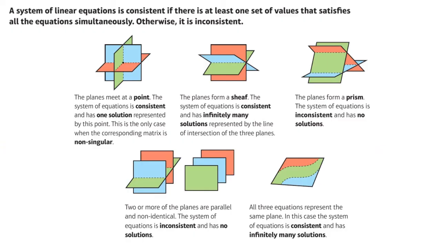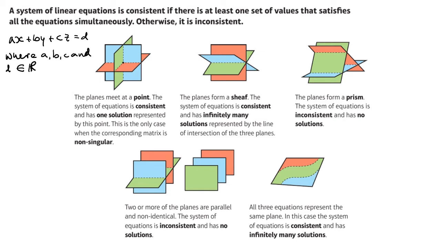Now, you may be wondering what all these diagrams are here. When we solve simultaneous equations where we've got 3 unknowns and we have an equation of this form, ax plus by plus cz equals d, where a, b, c, and d can be any real number, so we write it like that.